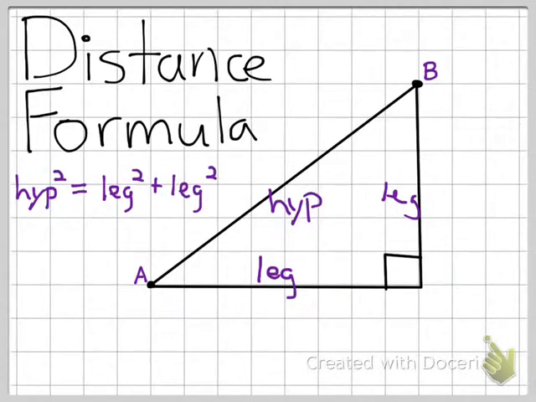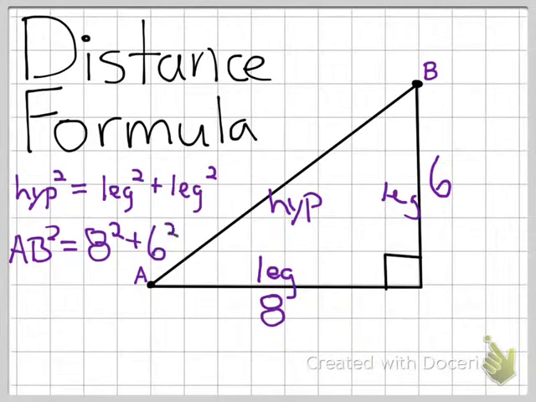If I count that bottom leg, the leg that goes from A, it takes up 8 boxes. The vertical leg, the one that drops down from B, takes up 6 boxes. So we could say that AB squared is equal to 8 squared plus 6 squared.